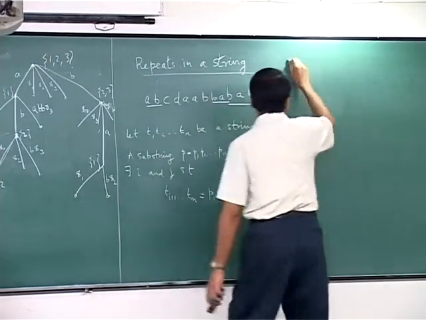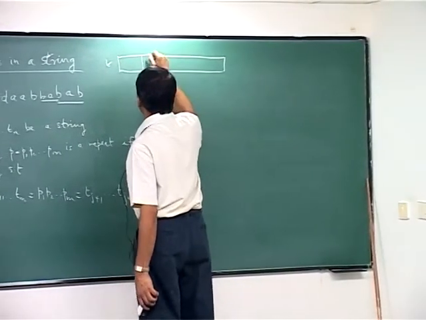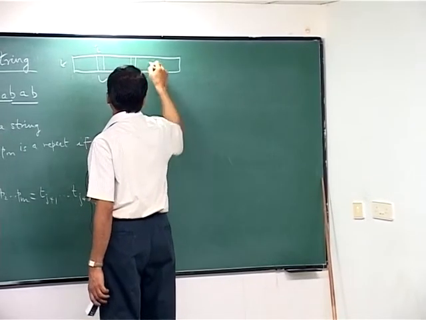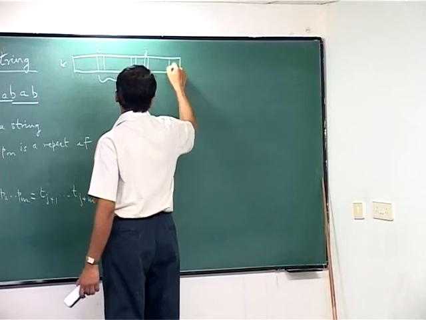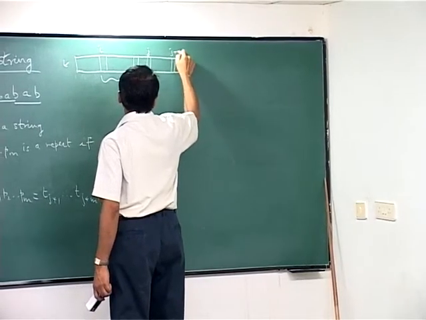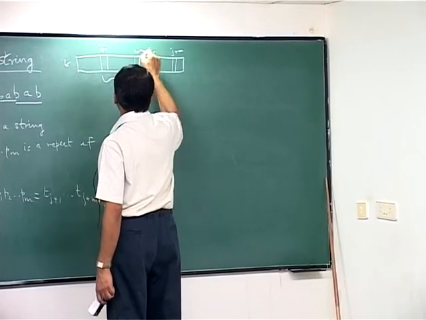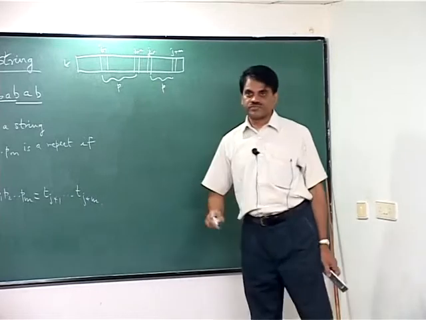That means in this text there is a location i and there is a location j, need not be disjoint, and here is this pattern which appears at both these locations.